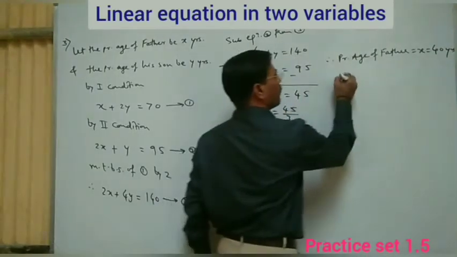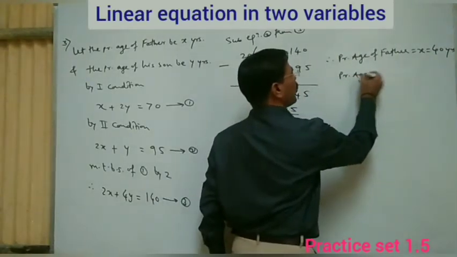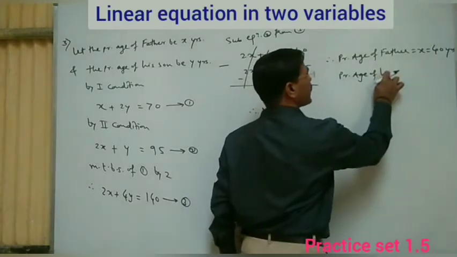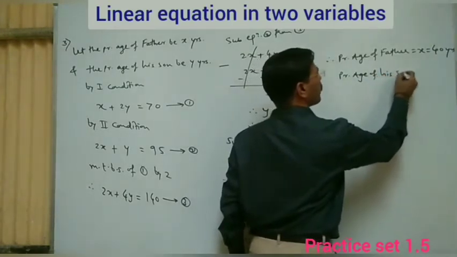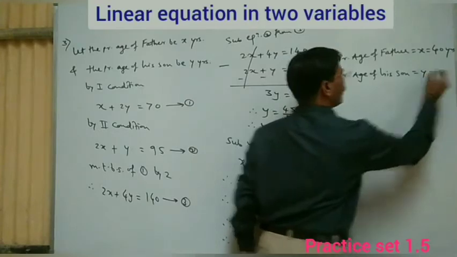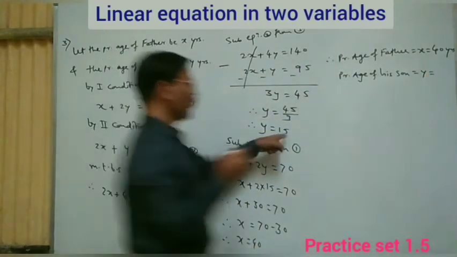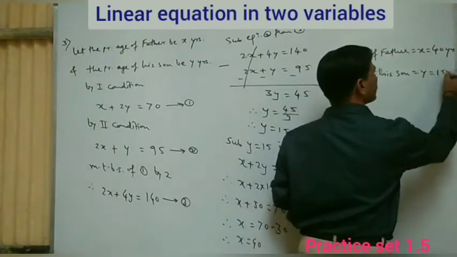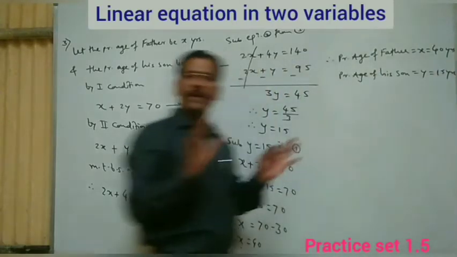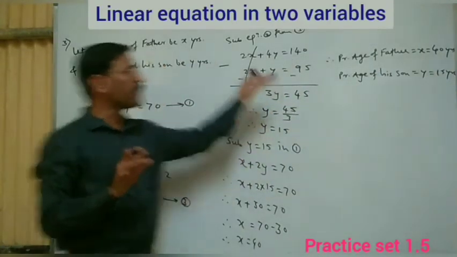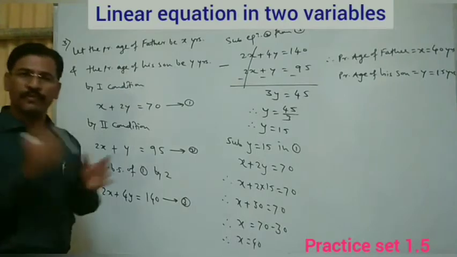And the present age of his son, that is y, which is how much? y equal to 15 years. Okay? After getting answers, try to verify. x equal to 40 and y equal to 15. See here.